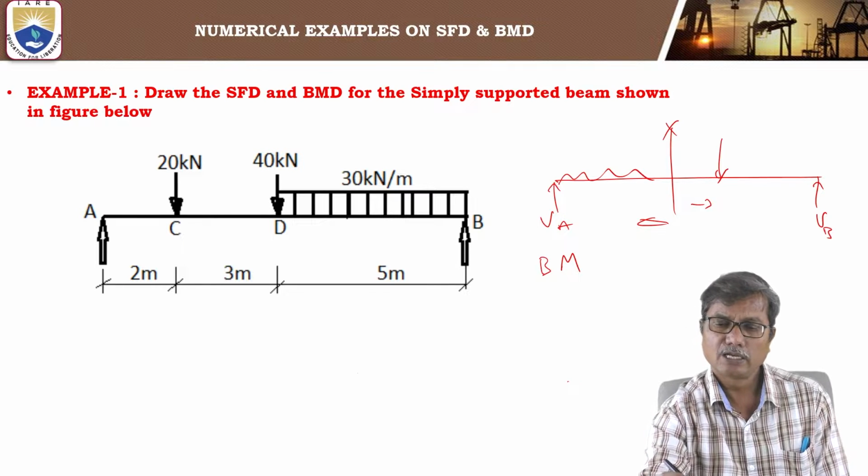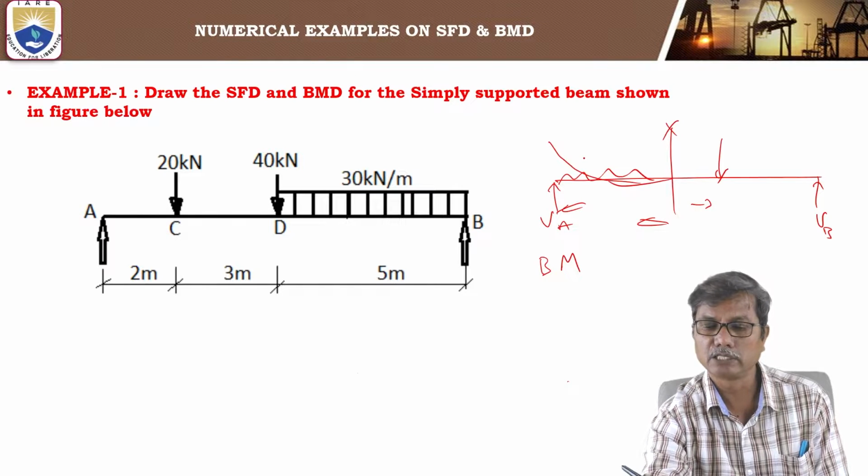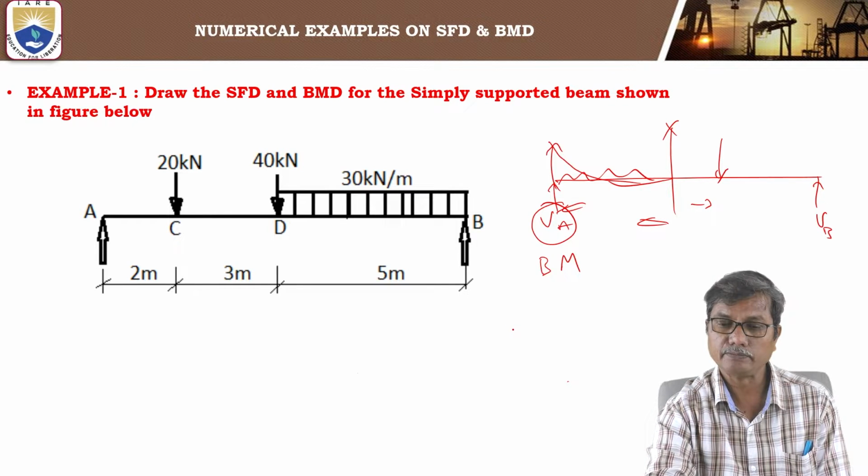Understand? And how about the sign convention here? The moment of a force which produces sagging in the beam is positive. For example, here VA produces sagging, this displacement.